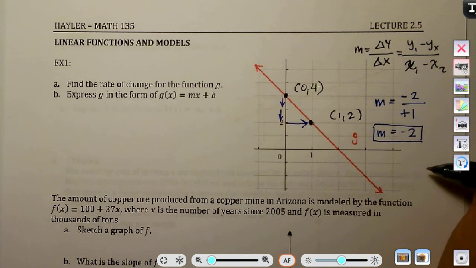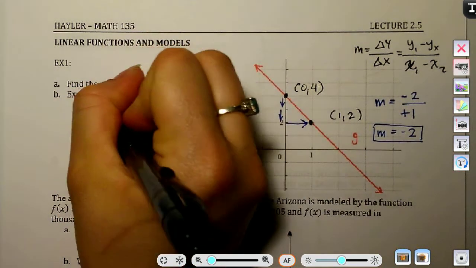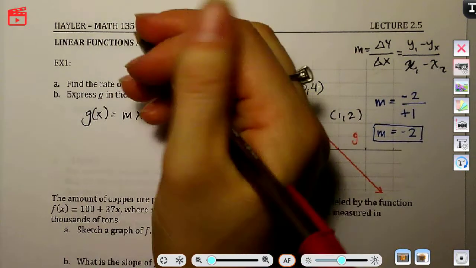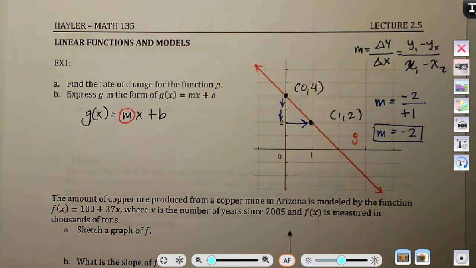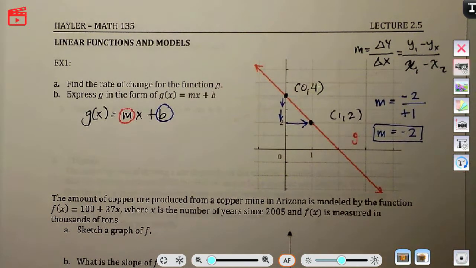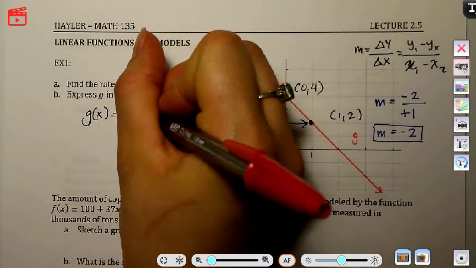Okay, and then it wants us to express g in the form g of x equals mx plus b. To do that, what I need is my slope, m, and my y-intercept, b. I already found my slope, which is negative 2.